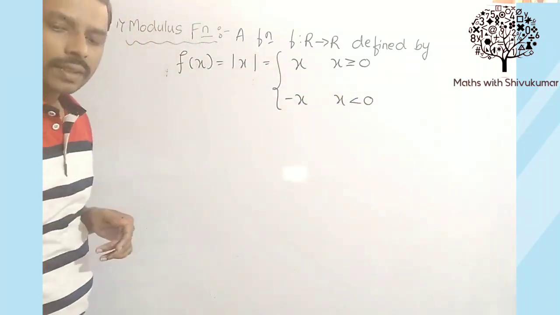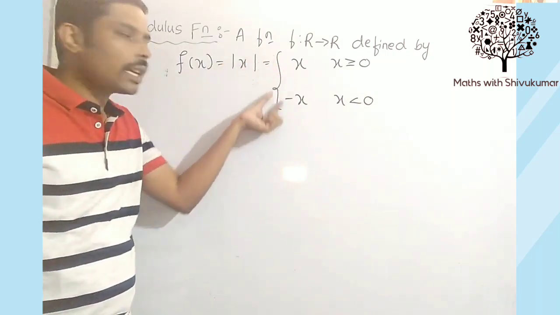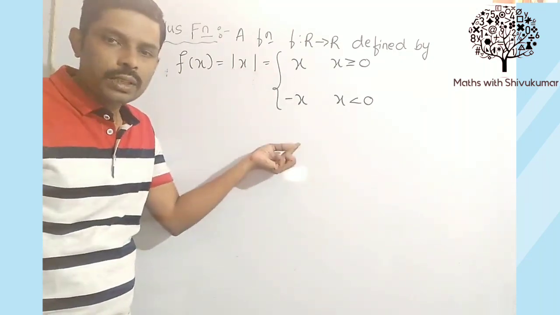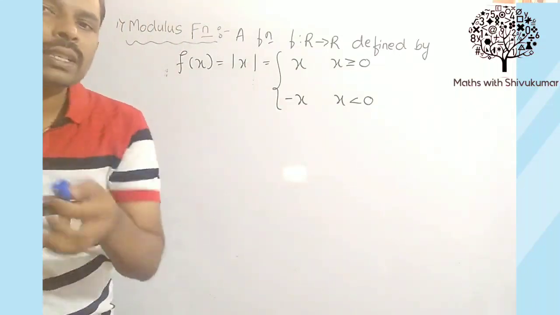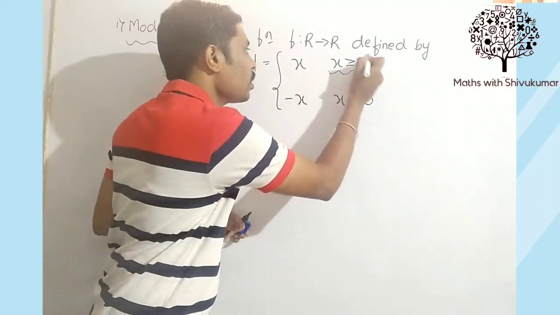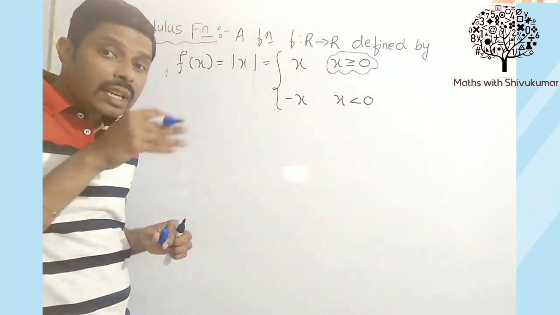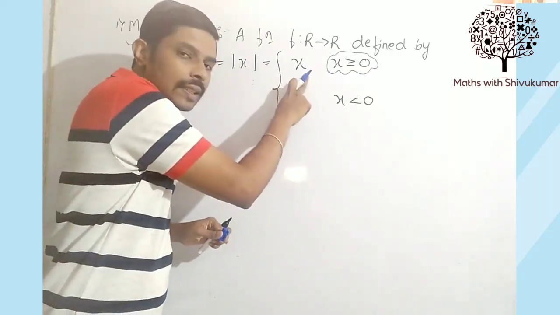See dear students, this function is divided into two branches. What is the first branch? If our input value is greater than or equal to 0, f of x value is x.